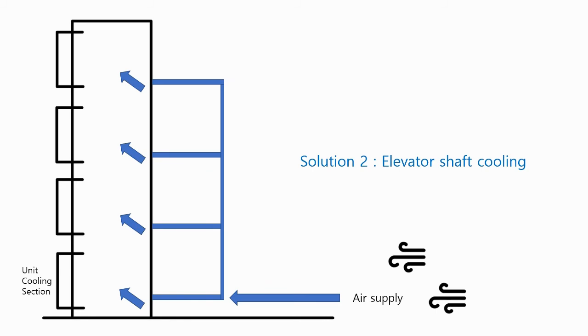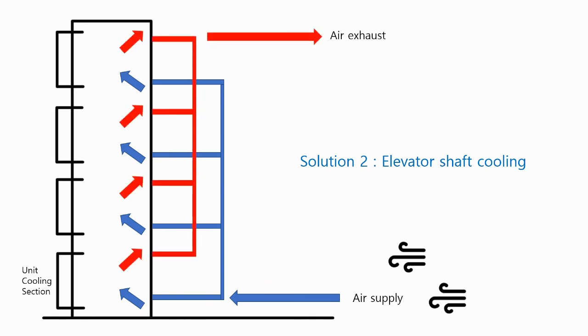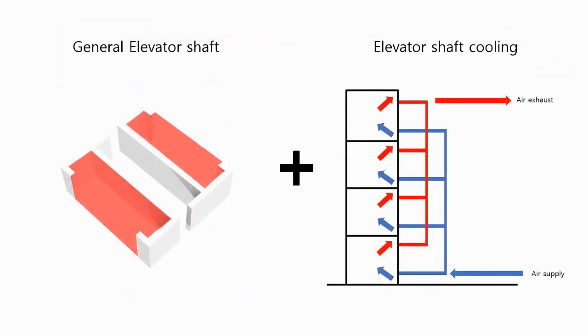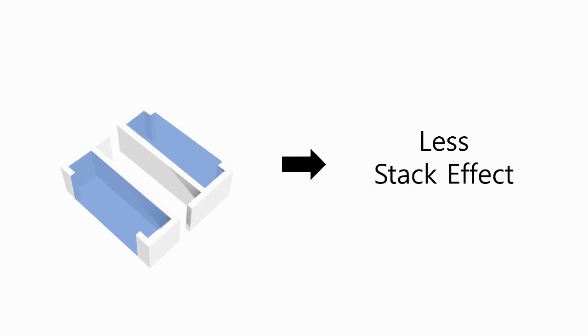Because of this unit section, the pressure difference is decreased and so the stack effect is reduced. If elevator shaft cooling is added to the general elevator shaft, the elevator shaft is cooled and consequently the stack effect is decreased.